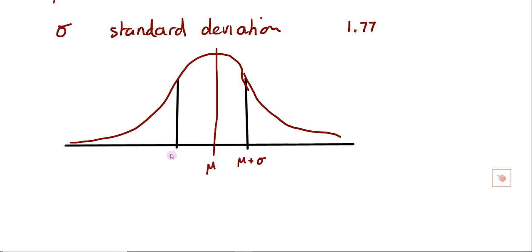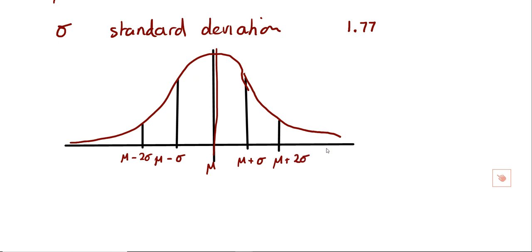Below here would be the mean minus a standard deviation. That should be directly in the middle. If I go another standard deviation above and below, again it should be perfectly symmetrical. Now I've got the mean minus 2 standard deviations, and the mean plus 2 standard deviations.